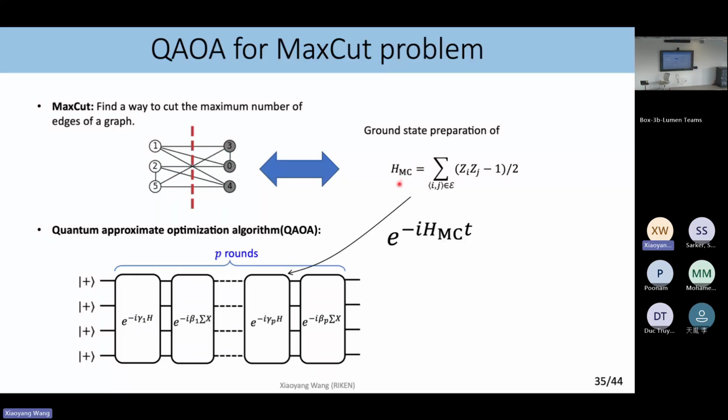For example, to prepare the ground state of this Hamiltonian, the QAOA algorithm encodes the real-time evolution of this max-cut Hamiltonian on the quantum computer, and this real-time evolution is repeated for p rounds.